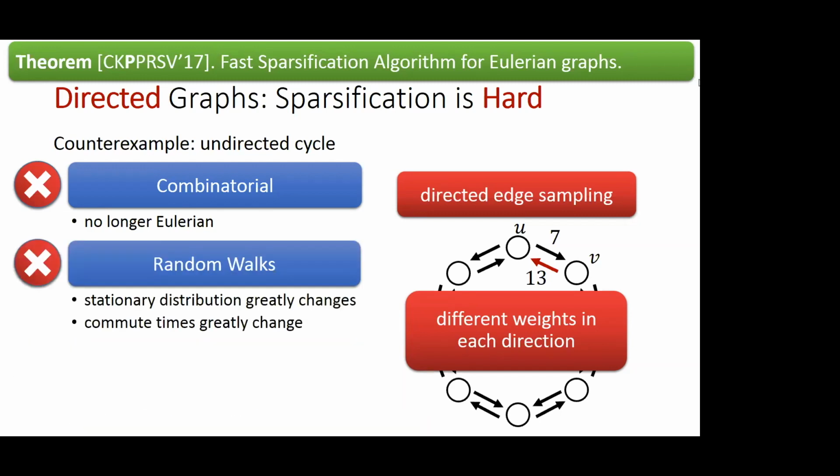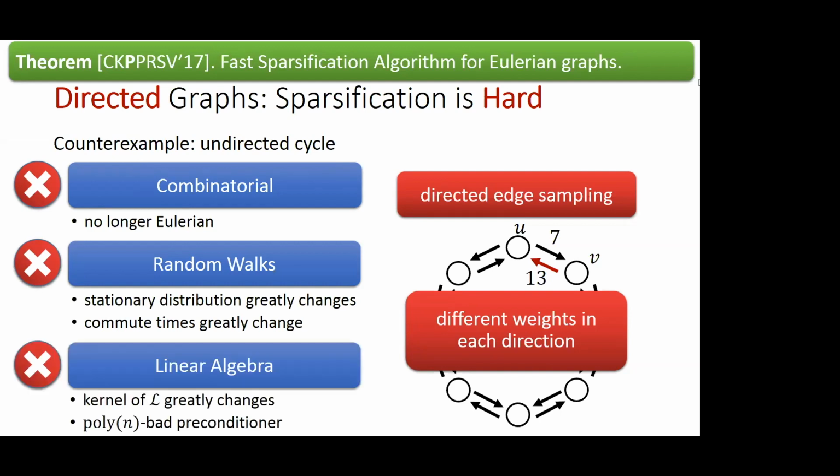From a random walks perspective, you can show that the stationary distribution of the graph greatly changes by this kind of change in the weights, and it also greatly changes the commute times as well. I'm not going to argue either of those things today, but it's true.